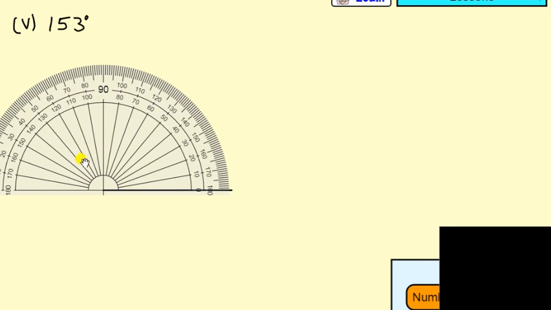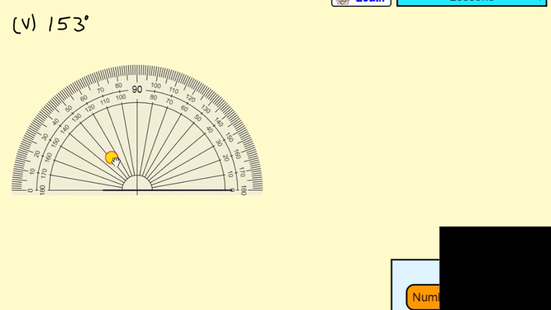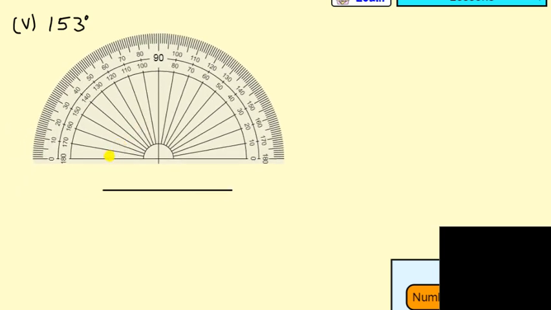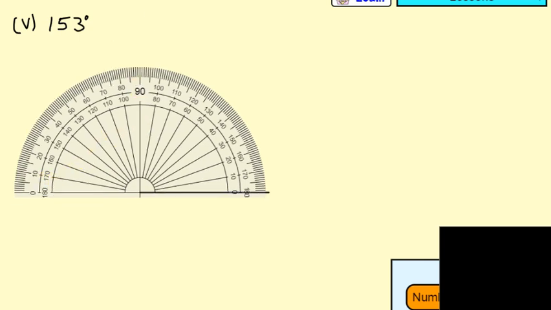So you have to write here angle ABC is equal to 126 degrees, and make an arc like this.